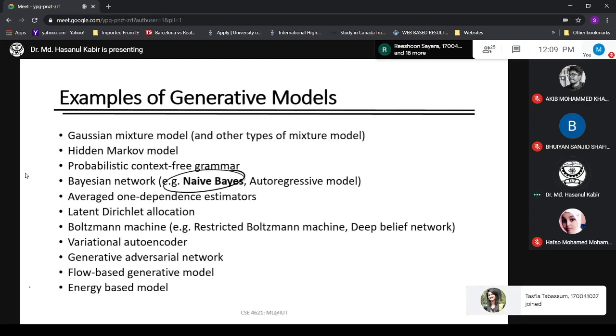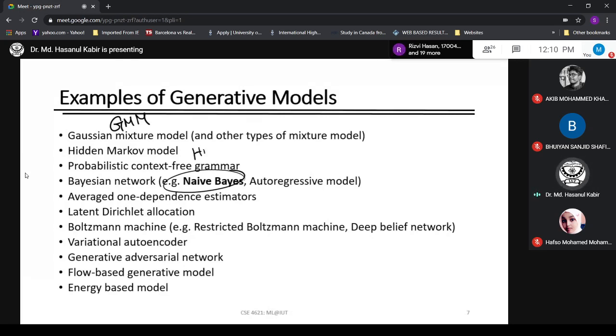Another popular method is the Gaussian mixture model, in short GMM. Then the hidden Markov model, HMM. Normally in time sequence data, we often use the hidden Markov model. But anyway, those are some advanced algorithms. Here we'll simply be learning about one of the Bayesian networks, that is the Bayes classifier.